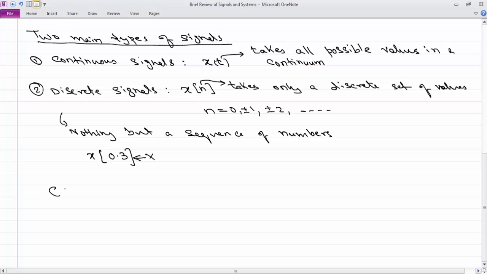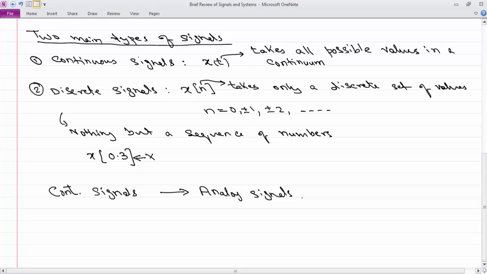Now, when we talk about continuous signals, sometimes we also talk about analog signals. So, what is the difference between continuous signals and analog signals?